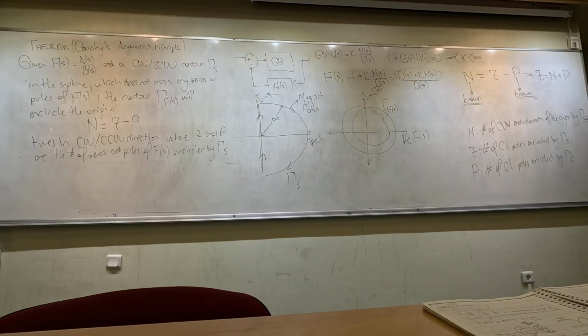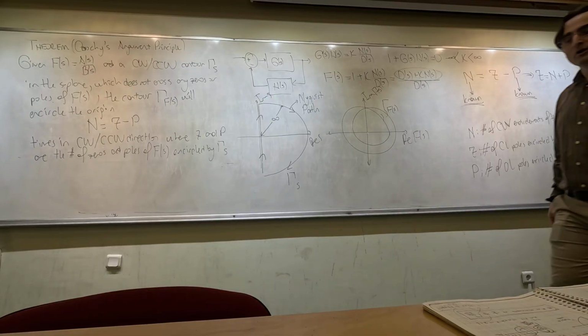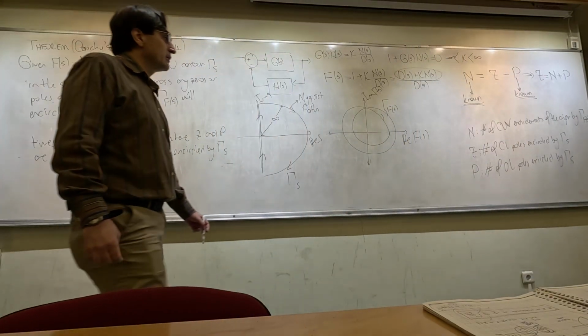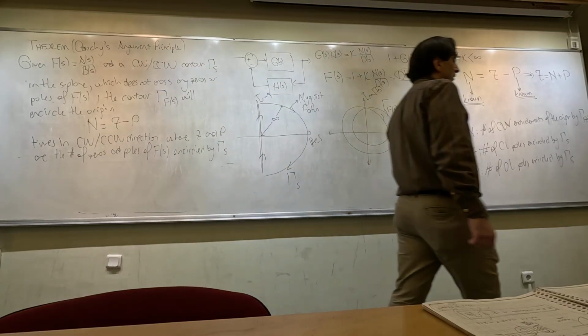For closed loop stability, what should be this sum? It should be 0, obviously. So if the sum is 0, then we are going to say that the closed loop system is stable. If the sum is larger than 0, then we will know that the closed loop system is actually unstable.